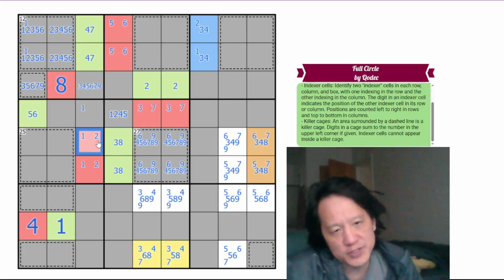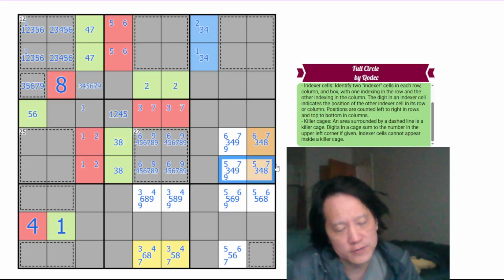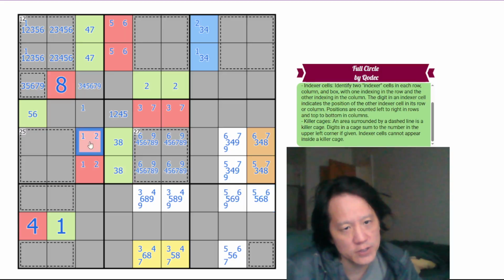So it's either going to be something like this, which guarantees this is an indexer. So if it's here and here, that means this is 3. So this has to be 7 here, referencing there. So there's guaranteed 1 here, there's guaranteed 1 here, which means this can't be an indexer, so this is an indexer with this.